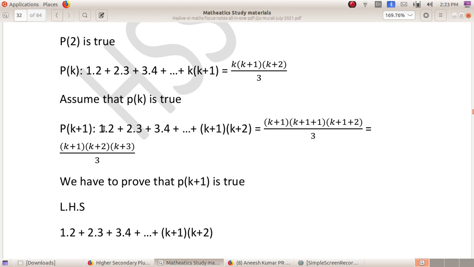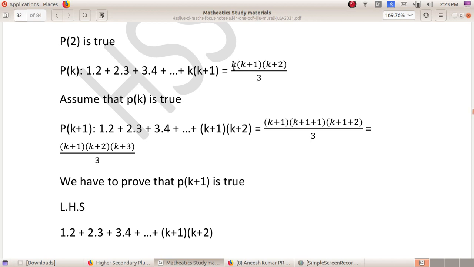Okay, so 1 into 2 plus 2 into 3 plus 3 into 4 plus etc. plus k into k plus 1 plus k plus 1 into k plus 2. Then here, k plus 1 into k plus 1 plus 1.